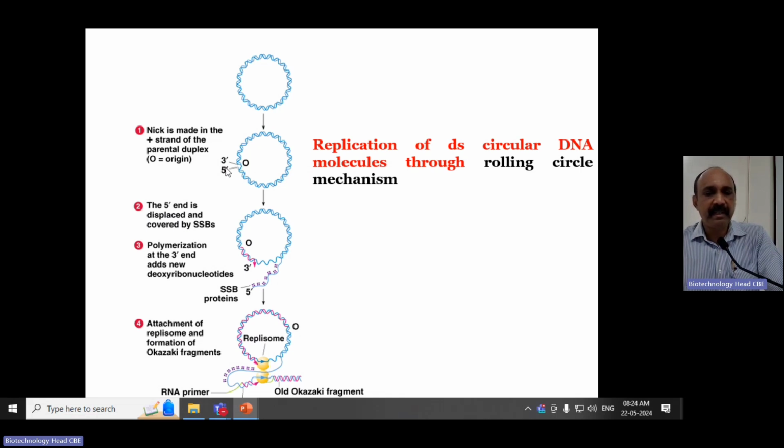A nick is made wherever you have the origin of replication, and this strand is separated, and the single-strand binding protein attaches to the single strand, and DNA synthesis takes place from 5' to 3', which is called the replisome. This keeps on rotating, and in the other strand there are Okazaki fragments which make up the other strand of DNA. So this goes on rotating, forming catenates and then releasing the DNA.